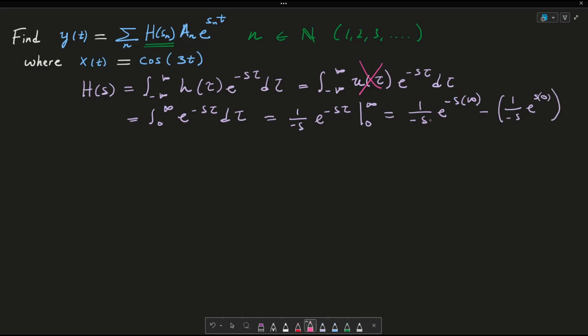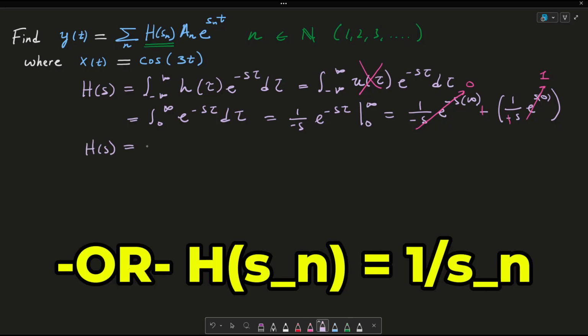E to the minus infinity goes to 0, and e to the 0 goes to 1. This becomes a plus plus. As a result, our transfer function h of s is equated to 1 over s.